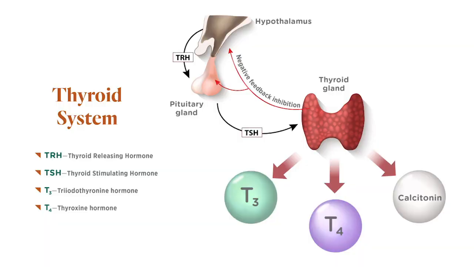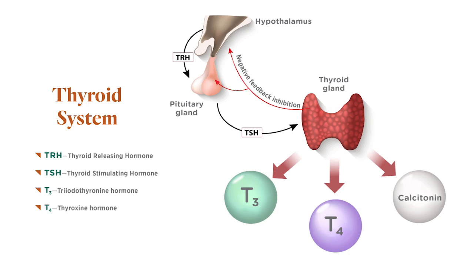The thyroid system, for example, consists of the hypothalamus, the pituitary gland, and the thyroid gland, and thus is referred to as the hypothalamic pituitary thyroid axis, or HPT axis. The hypothalamus monitors circulating levels of thyroid hormone, or triiodothyronine, T3, and thyroxine, T4.